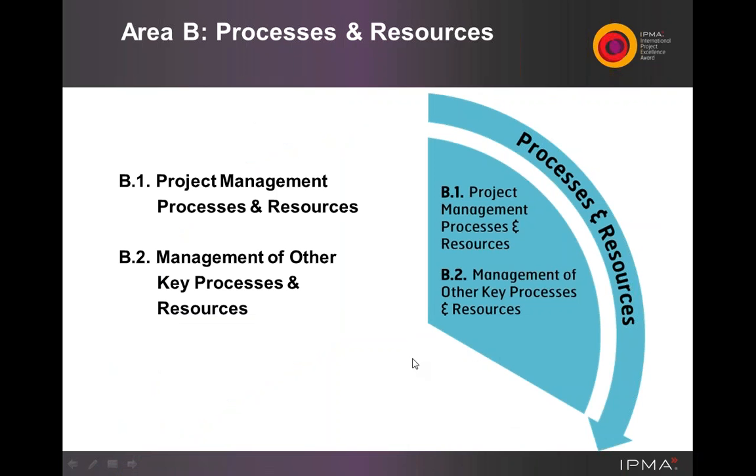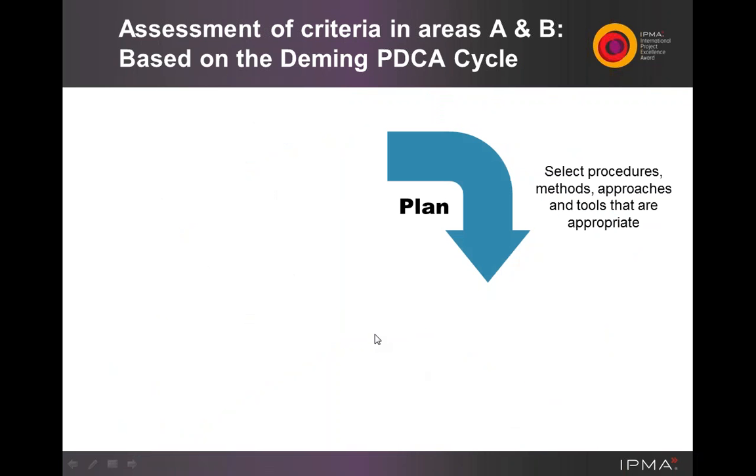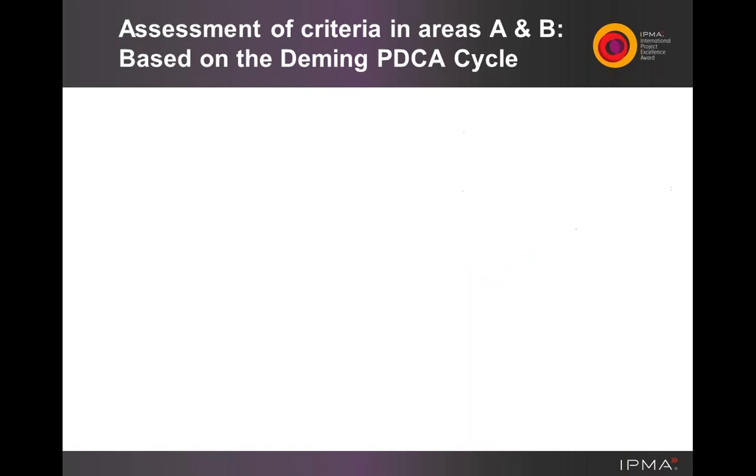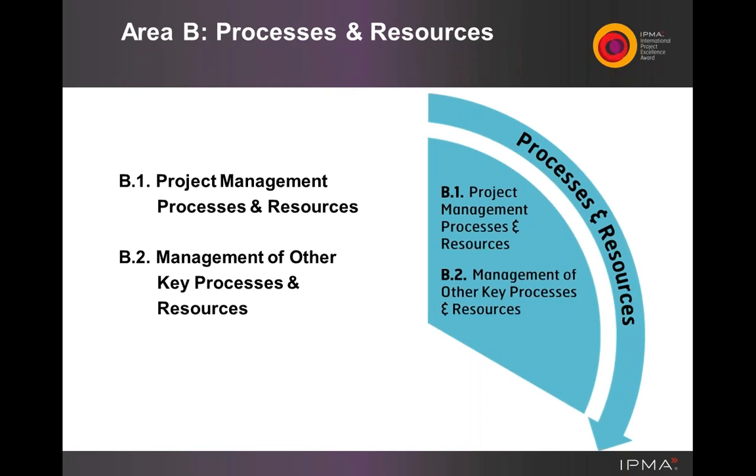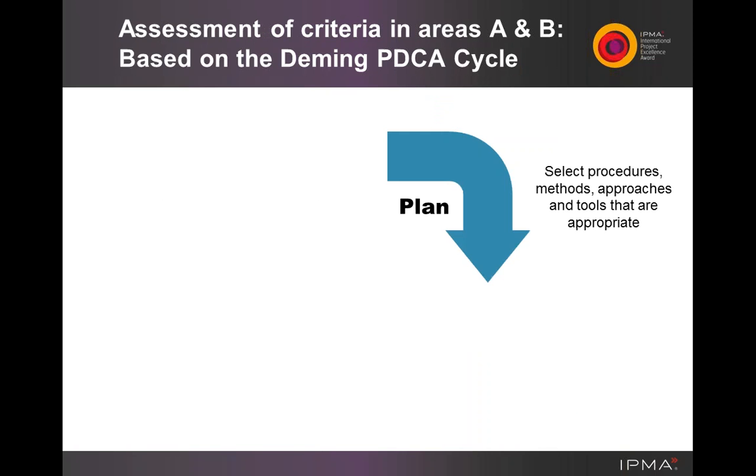Moving on to Area 2, processes and resources. Area 2 is divided in 2 criteria: project management and project resources, and management of other key processes and resources. Sorry, to go back, there are no sub-criteria in this area.